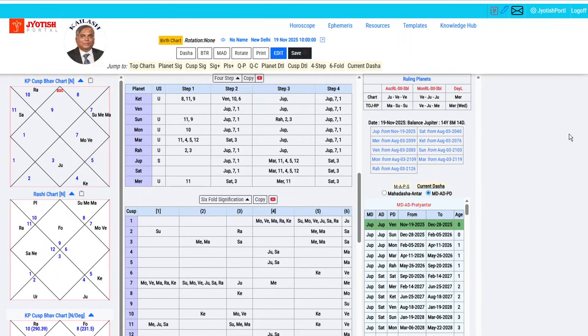Of course, when you are preparing a four-step table, certain other rules are to be followed, and this is how the fourth step is created. But it originates from the star lord of sublord idea, that the deciding factor is not the sublord alone, but both the sublord and the star lord of the sublord combined. So this is the whole idea behind it.